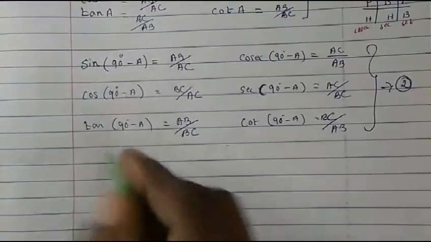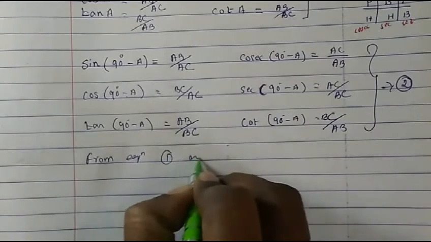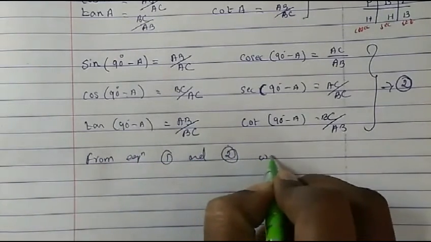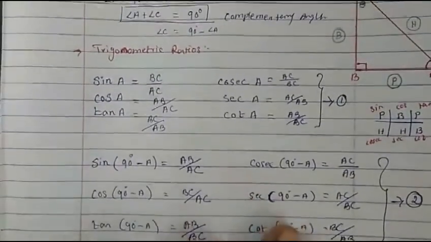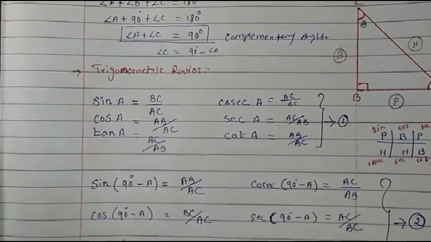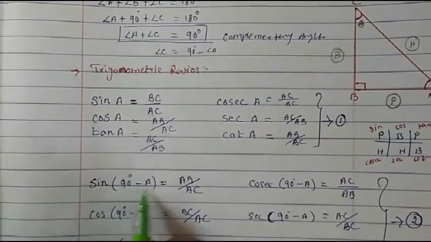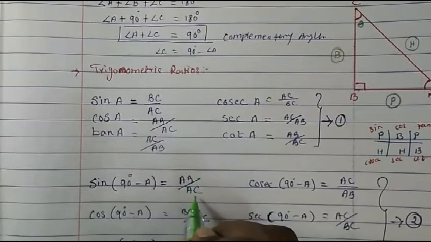Now from equation 1 and 2, let's see what we get. Sine 90 minus A is AB upon AC.